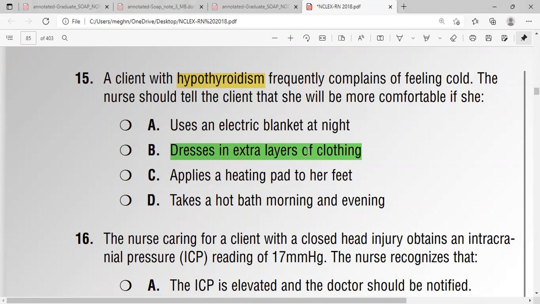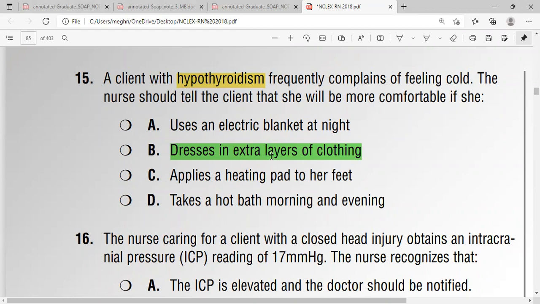Dressing in extra layers will help decrease the feeling of being cold that is experienced by the client with hypothyroidism. Decreased sensation and decreased alertness are common in the client with hypothyroidism.